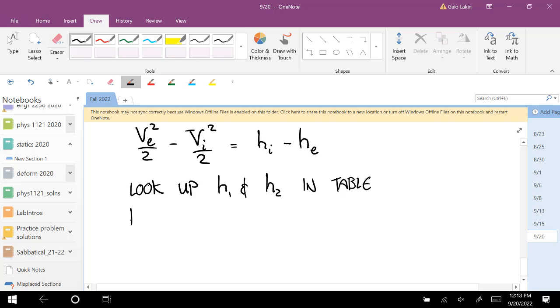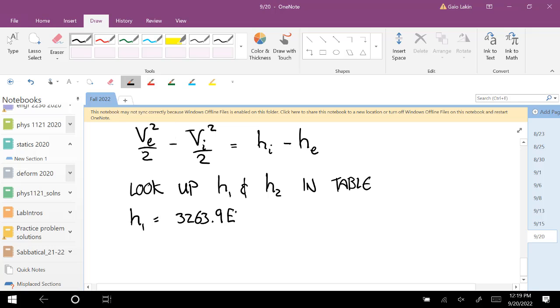And you get that H1 is equal to 3263.9. Remember to always be careful with your units with these equations. You're naturally going to tend to think of kinetic energy calculations in SI units, and the units that they give you in the tables are not SI units. So this is in kilojoules per kilogram.